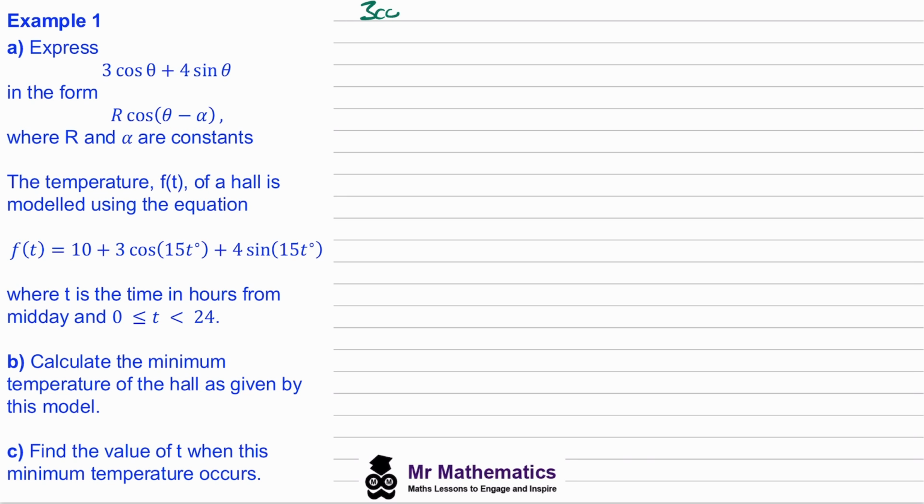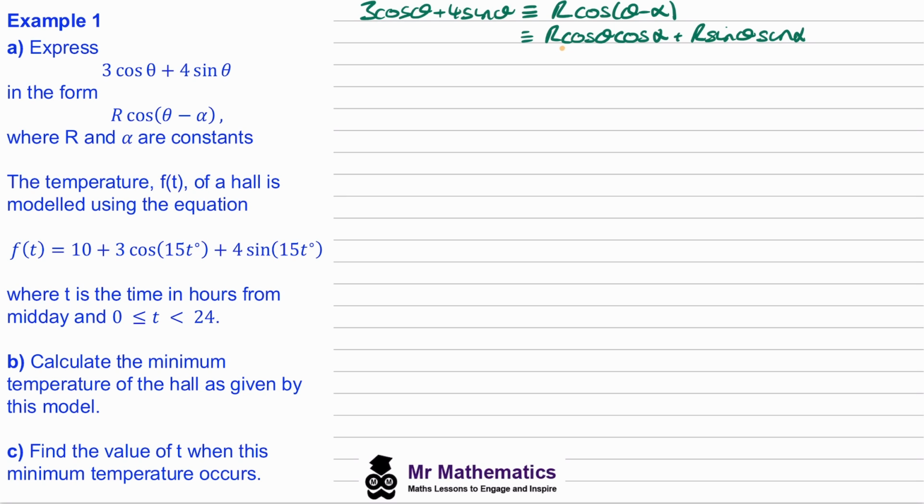So 3 cos theta plus 4 sine theta will be identical to r multiplied by the cos of theta minus alpha. And then using the compound formulae, this will be r cos theta cos alpha. We'll change this negative to a positive, and we'll have r sine theta sine alpha.